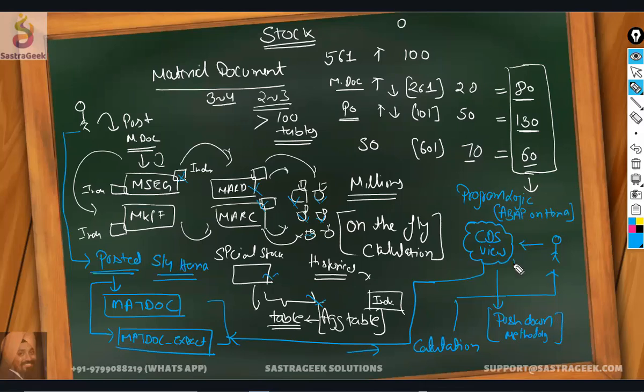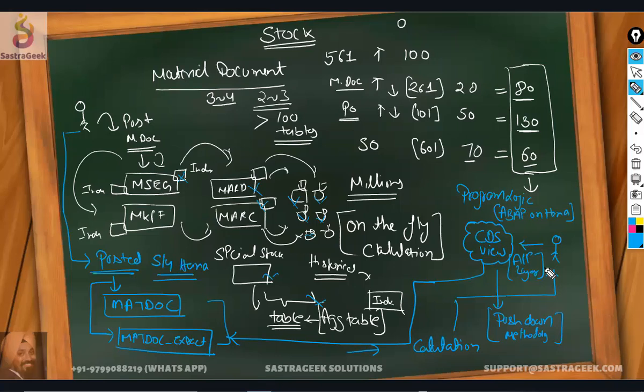CDS view is written on the application layer, but it pushes down your calculation logic to the database. Earlier, the database provided the data to the application layer, and the application layer did all the calculation. In CDS view, it goes to the database, consumes your HANA database to do the calculation, brings the stock back to the application layer, and from the application layer feeds it directly to your presentation layer.